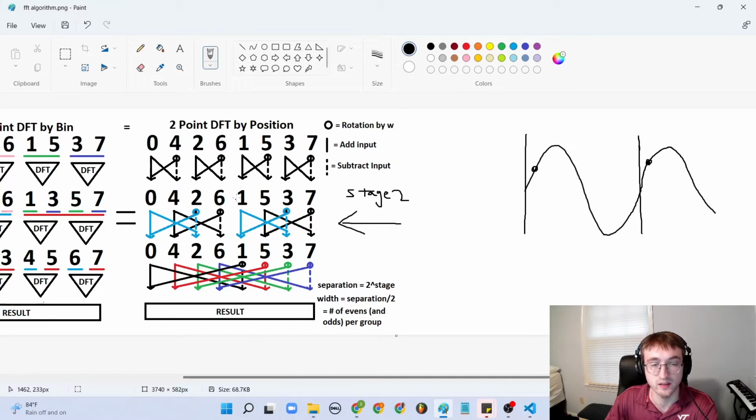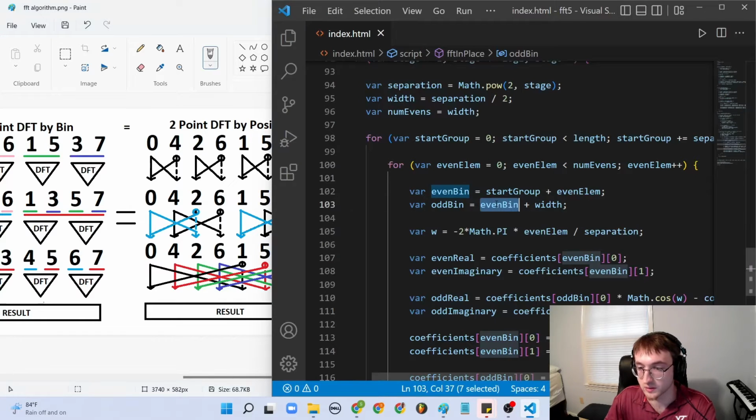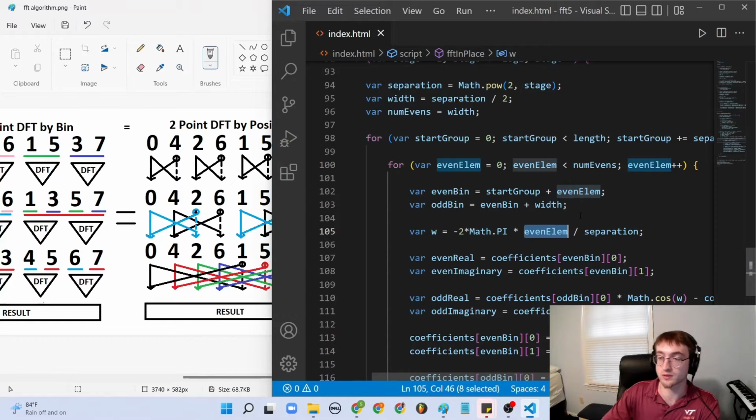Here, the even bin is different. This is 4 and this is 0. But they align like this, where they are the same value, at least in terms of cosine and sine waves. So that means, like we just discovered, it only really depends on even lm and not even bin. So okay, what's the point of doing that?